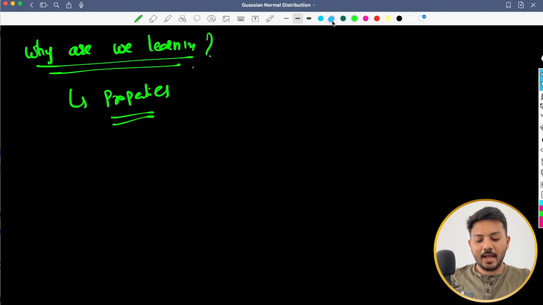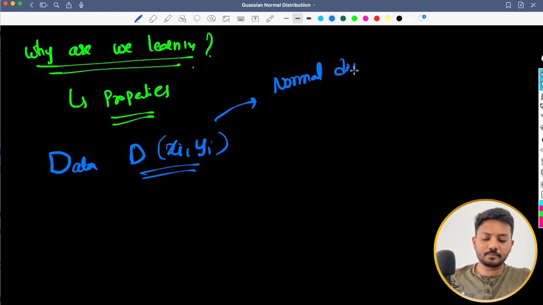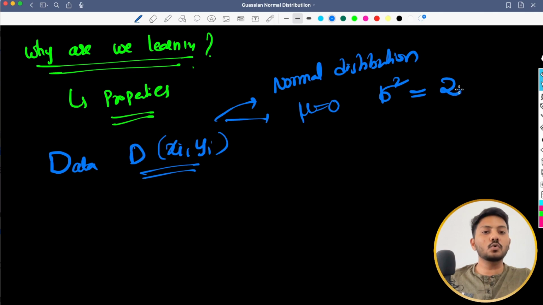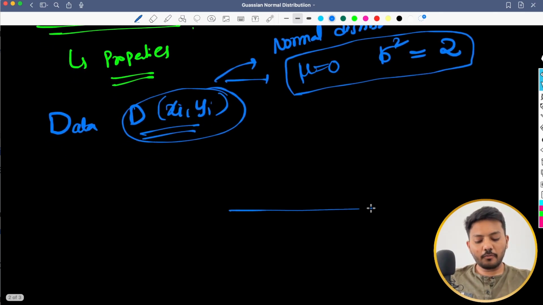So let's say I have a data set D, and I will have so many points xi and yi, and I will say it follows a normal distribution, and I will also say its mean is equal to 0 and sigma square, which is called variance, is equal to 2. If I know this information, without even looking at my data points, I can draw the plot of the data set, right?